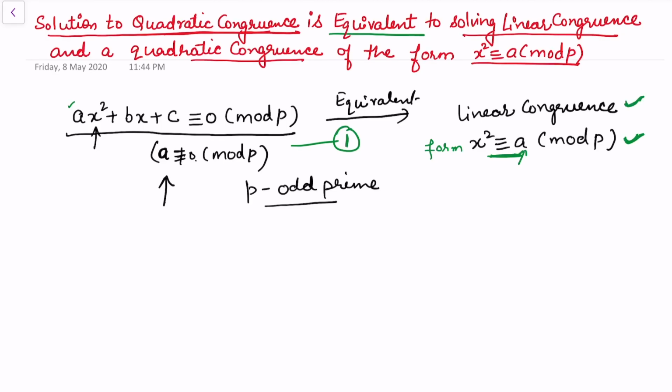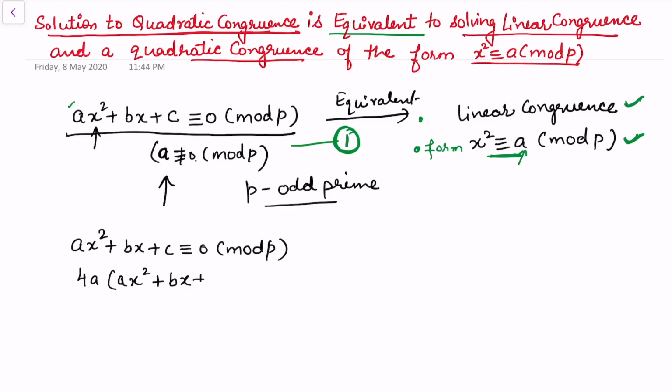Now I want to reduce this into these two types of the form. To do that, let me start from ax square plus bx plus c congruent to 0 modulo p. Multiply both sides by 4a. As we have considered, a is not congruent to 0 modulo p.